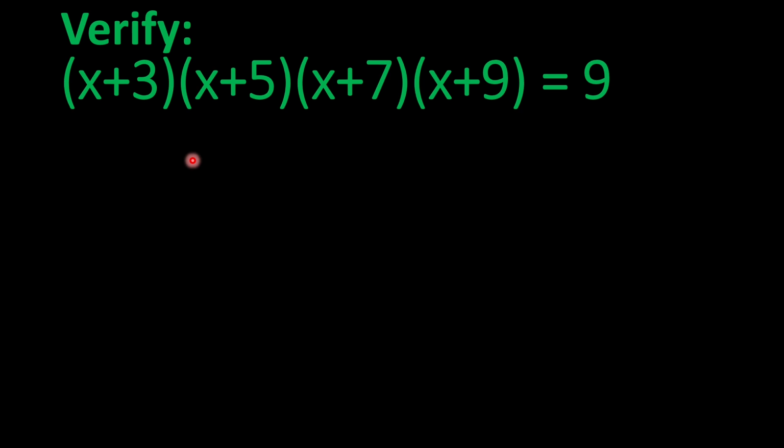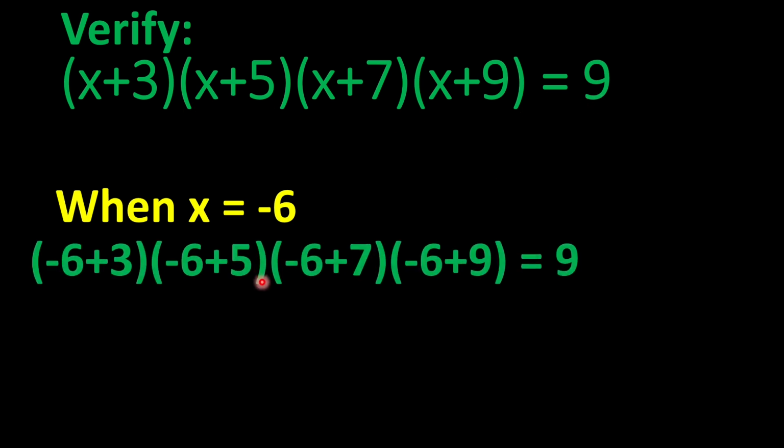Now let's verify these values. This is the given equation. We will put these three values one by one. When x is equal to minus 6, we put it here to check whether it is equal to 9 or not. It becomes minus 6 plus 3, minus 6 plus 5, and so on.